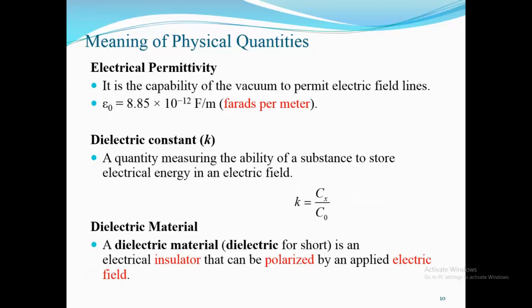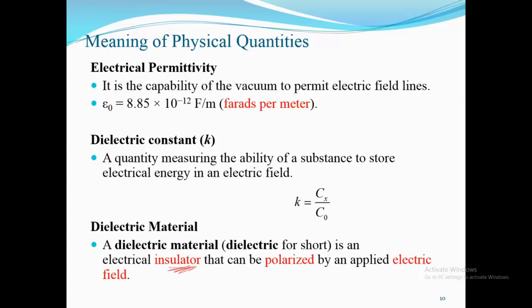As I told you, we use some dielectric material, which is in fact an insulator. So this is the capacitance once you have some insulating material in between, the dielectric, and C0 is without anything in between, simply air between the two plates.